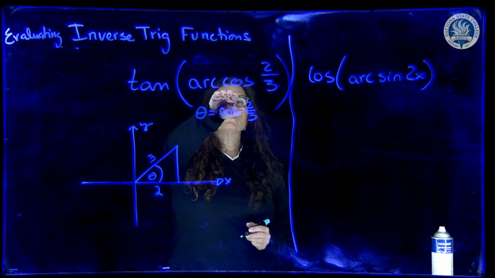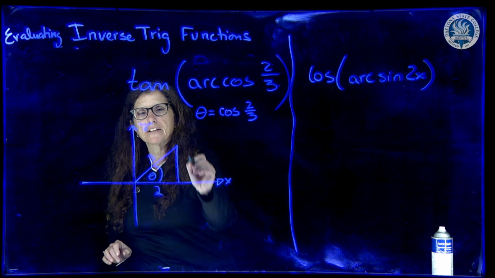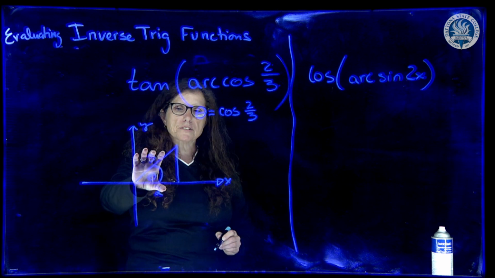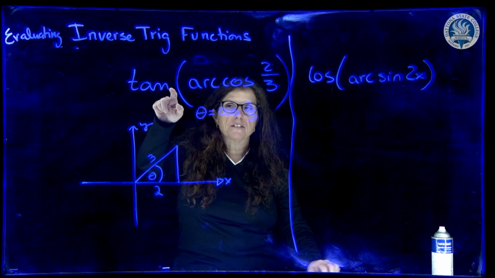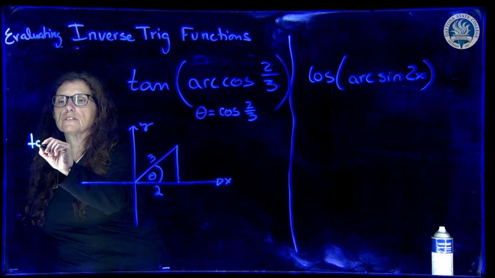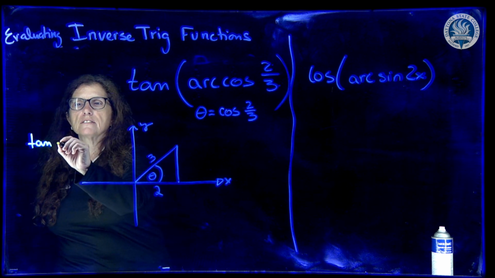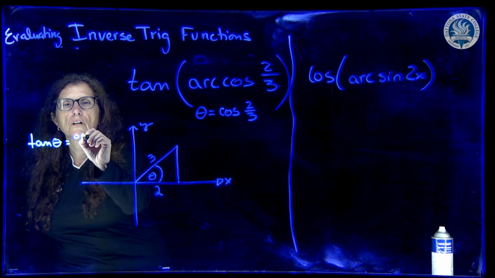So the inverse cosine of 2/3 is this triangle relationship. And based on that triangle relationship, now I have to find the regular tangent. And we all know the tangent is defined as opposite over adjacent.